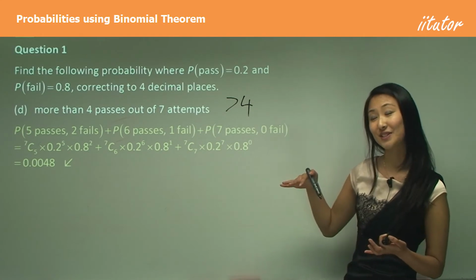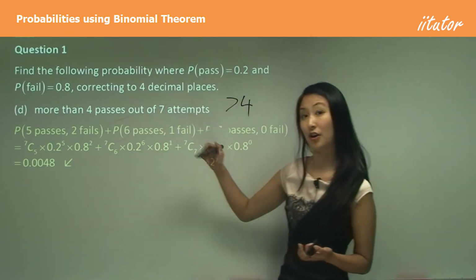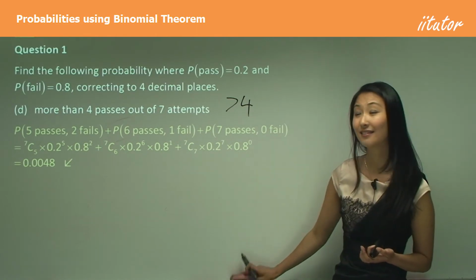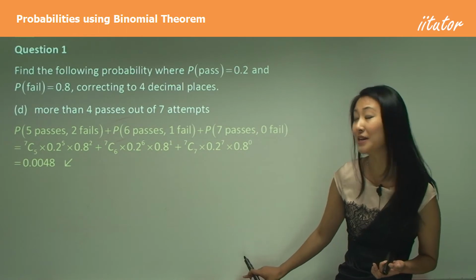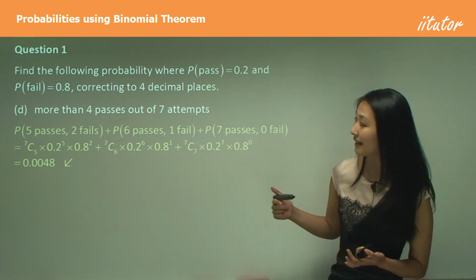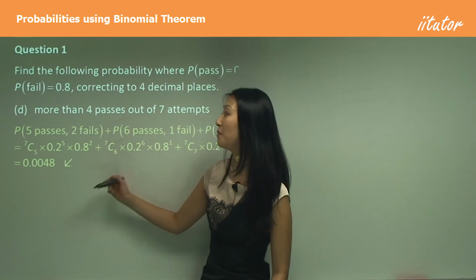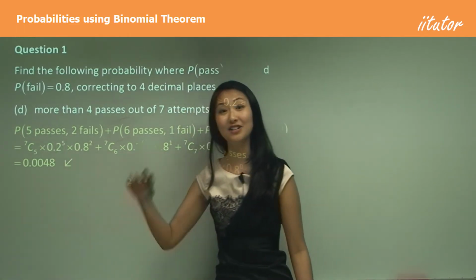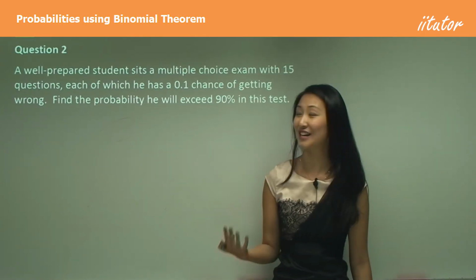So once you've added it all together, this probability is just 0.0048, all right? So you can see it's actually not very difficult what we're doing. All you're considering is these rates to the power of passes and fails, but also multiplying by the number of combinations there are.